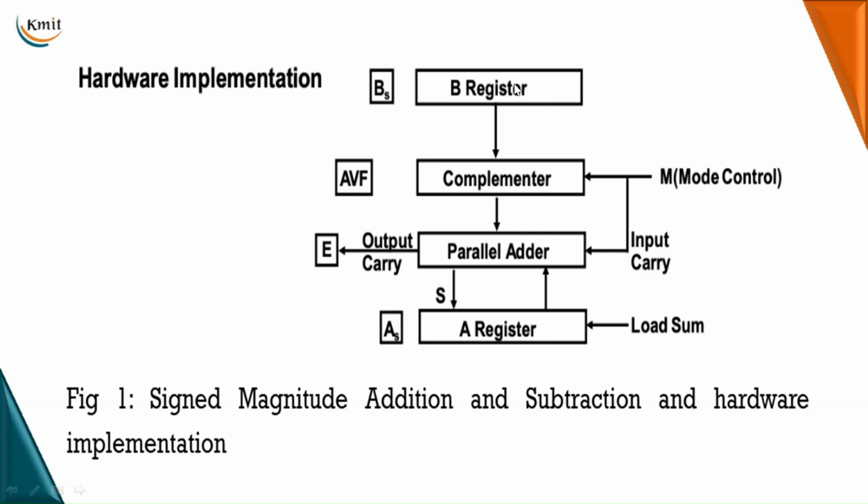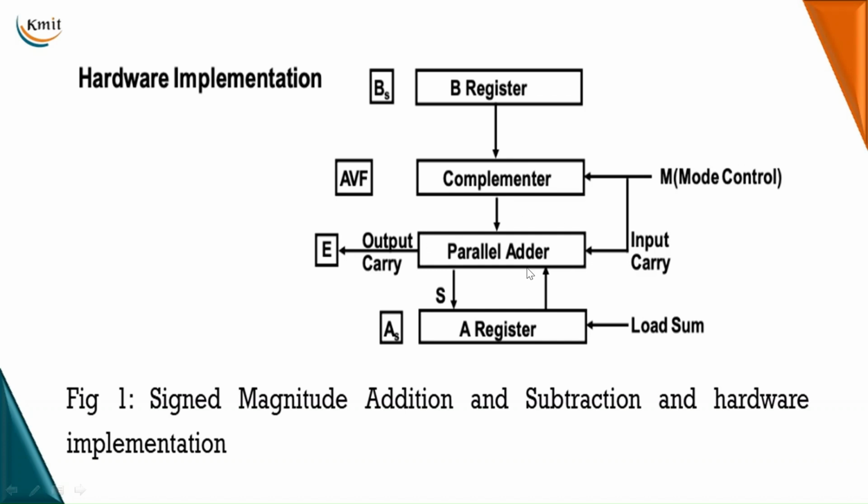In case of sign magnitude data, we know that it contains a sign bit as well as a magnitude part. So the registers A and B hold the magnitude part of the two operands A and B, whereas AS and BS are used to store the sign bits of the operands A and B. Apart from that, we have a complementer and a parallel adder.